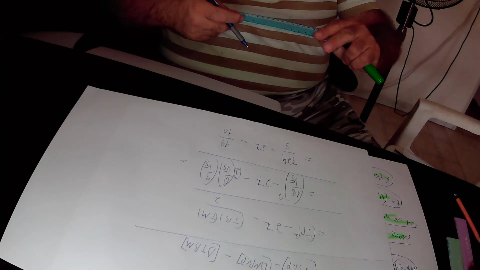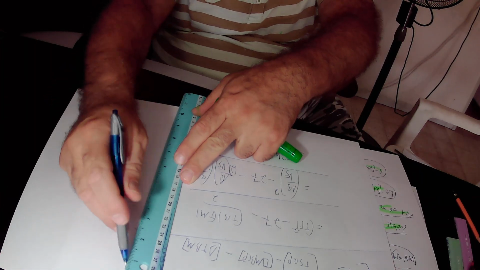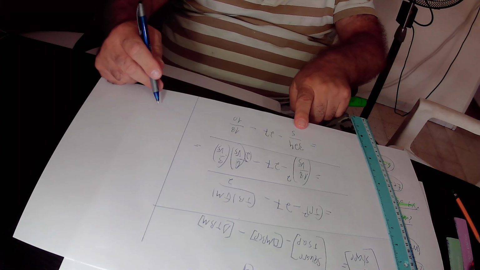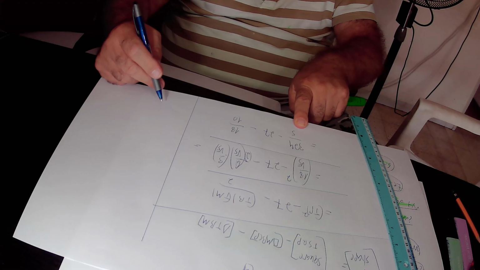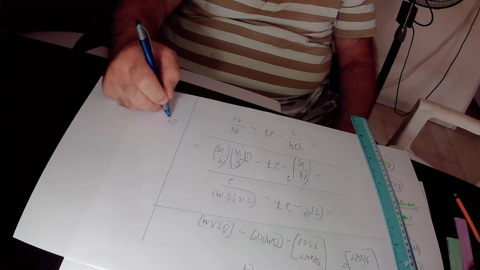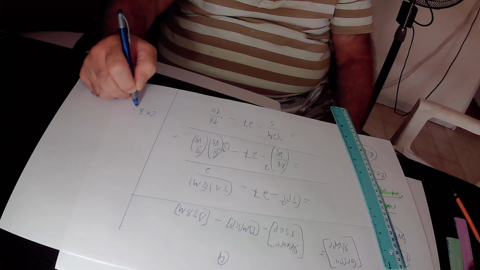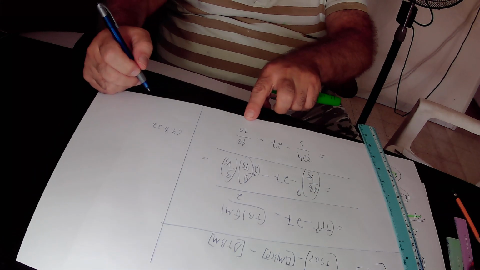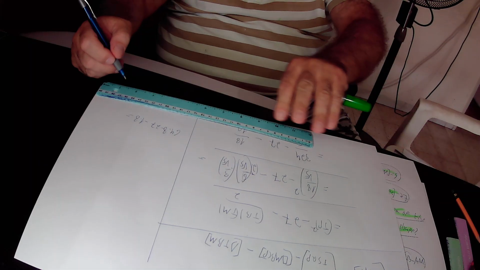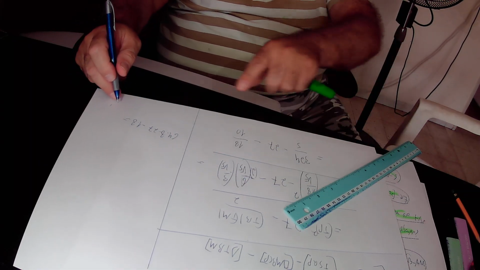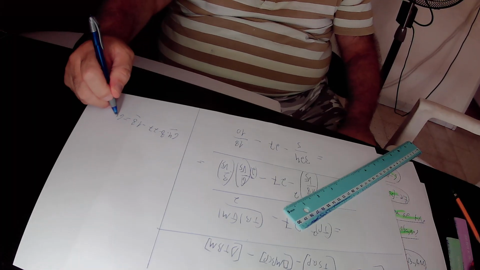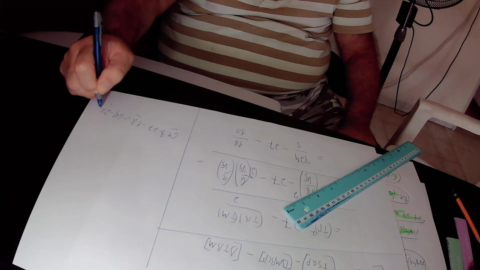So the area of the green shape will be equal to 324 over 5, which is 64.8, minus 27, minus 18 over 10, which is minus 1.8. 64.8 minus 1.8 is 63, and 63 minus 27 is 36.